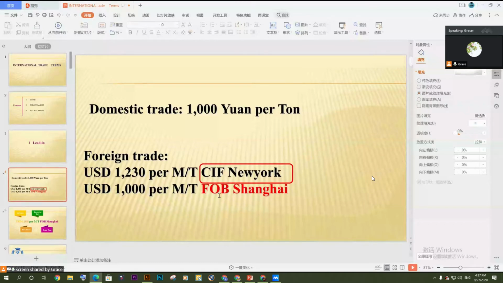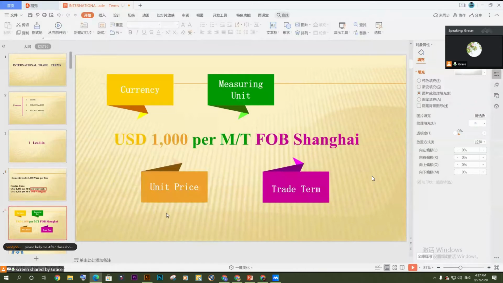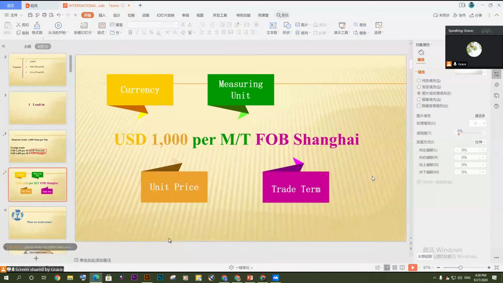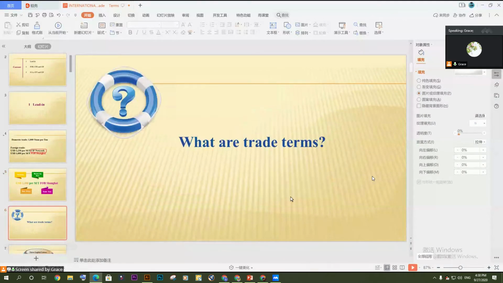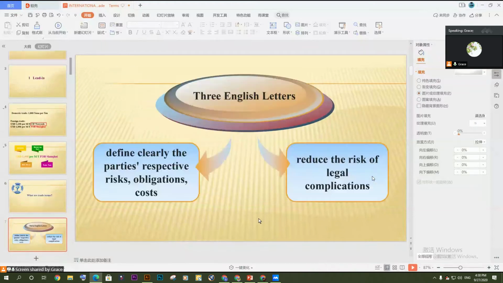So we can know the meaning of the trade term. What are trade terms? You guys have seen that we use 3 English capital letters to define clearly the parties' respective risks, obligations, and costs.